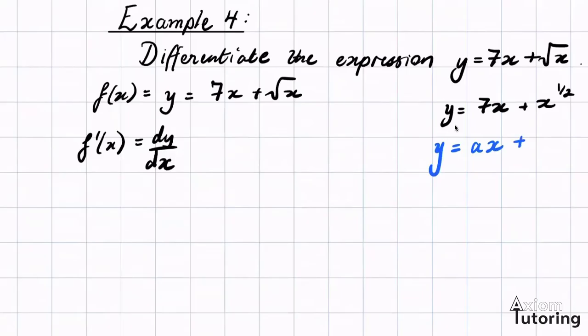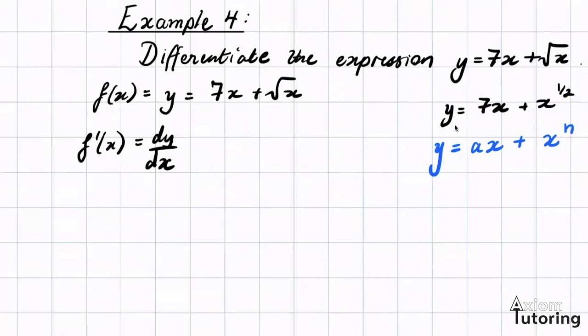If we have x to the half, this is just in the form of x to the n, where technically a would be 1 here. So now if we want to differentiate this, we can see here that a is 7, and then our n in our second term is just a half.